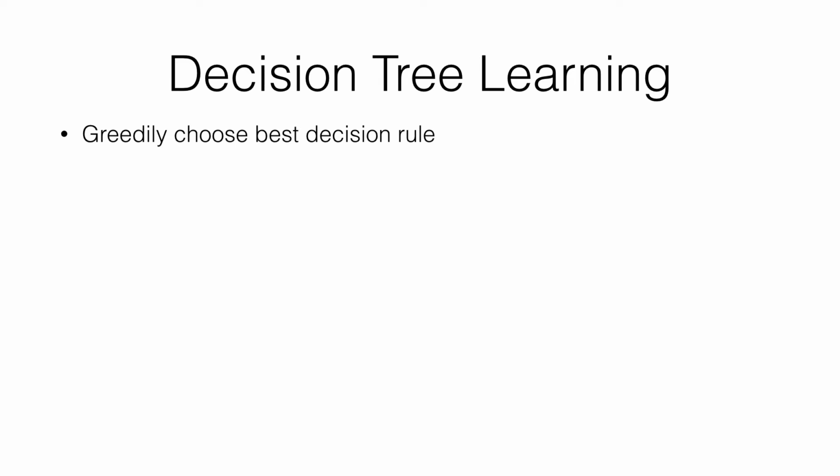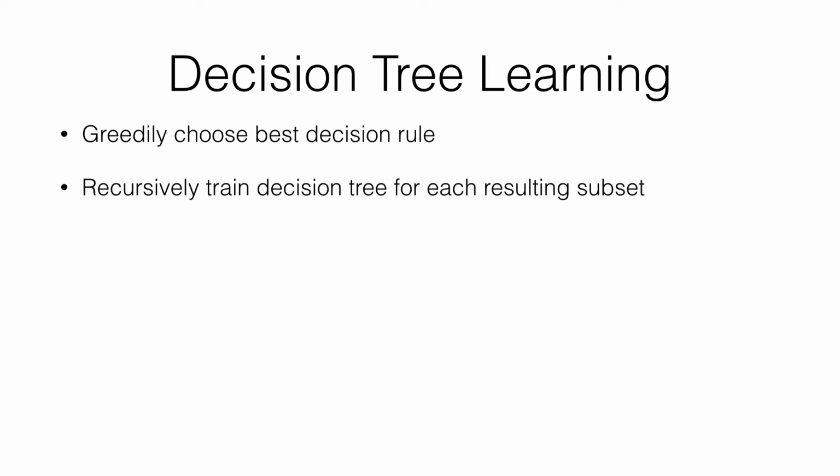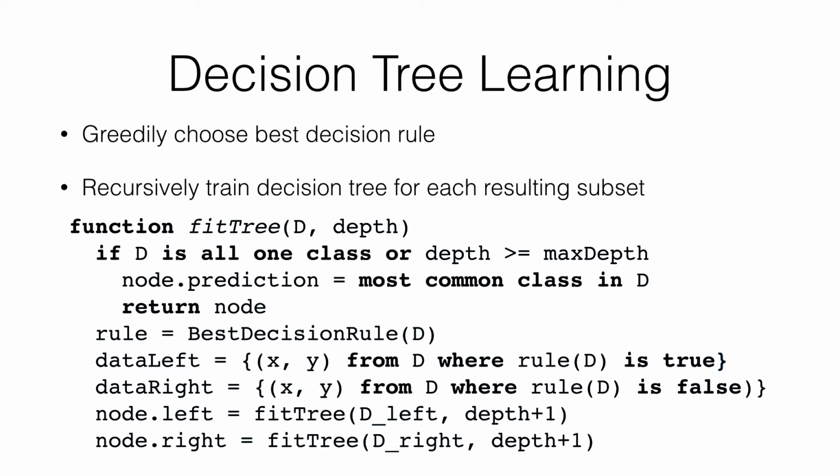We greedily choose the best decision rule possible to segment the data into a left and right subtree, and then we recursively train the decision tree for each resulting subset. So we split the data and then propagate it down and recursively do learning on each subtree. Basic pseudocode for such a procedure is as follows, and let me walk through each particular step.